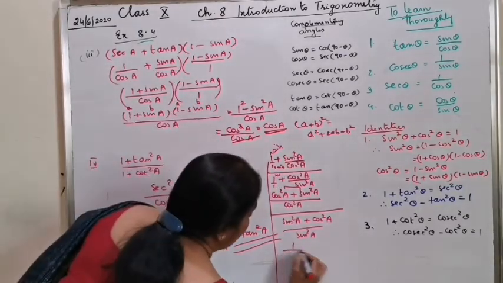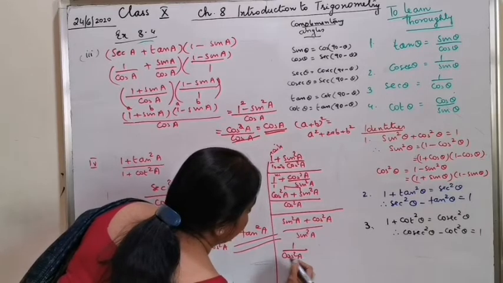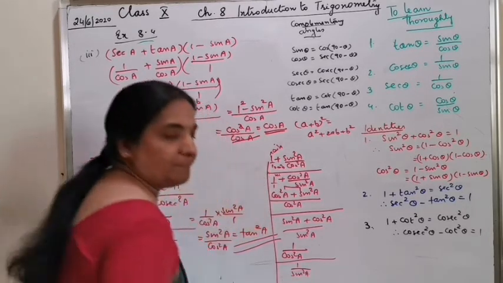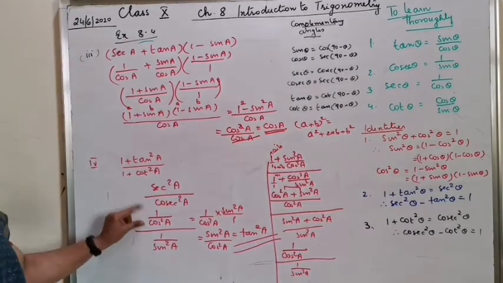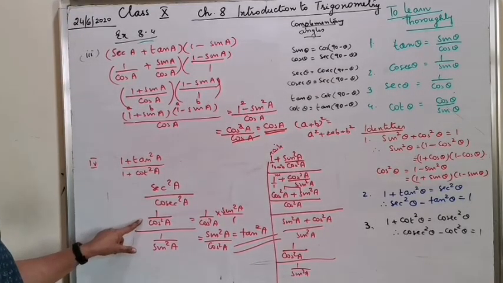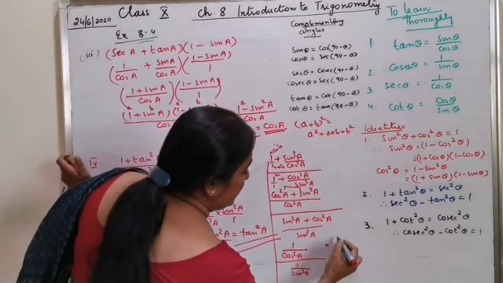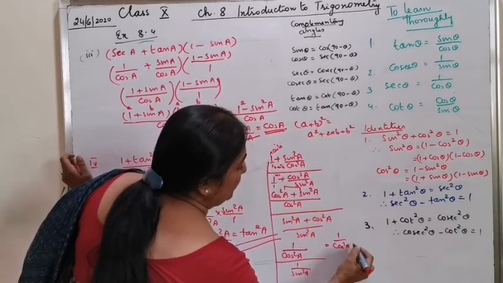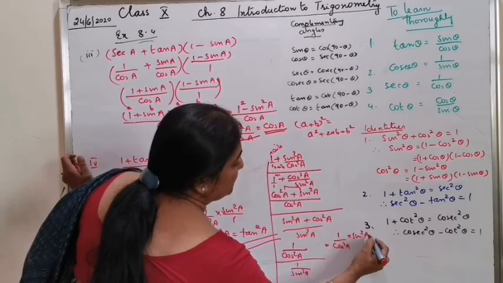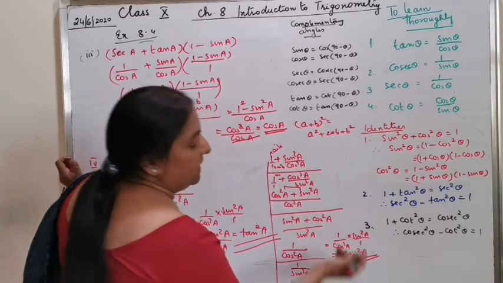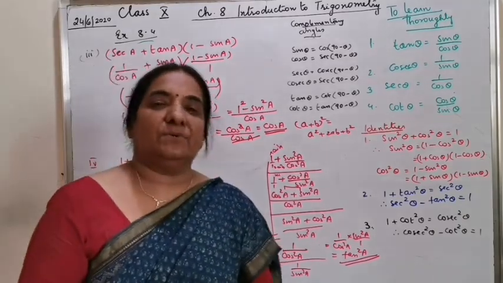That is 1 by cos square A divided by 1 by sin square A. Multiply by the reciprocal: 1 by cos square A into sin square A by 1, and the answer is tan square A. You can choose either of the methods.